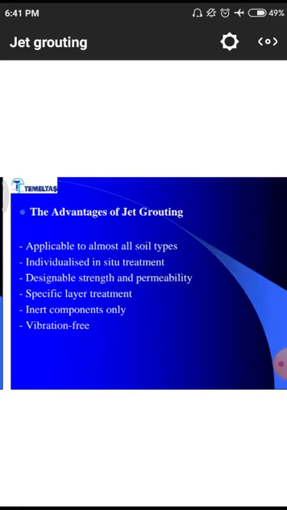And what is the advantage of utilizing jet grouting? First of all, there are a total of 6 advantages. It is applicable to almost all types of soils, whether black cotton soil, sandy soil, silty soil, clay soil or alluvial soil, whatever it may be. All soils are suitable for jet grouting, and it allows individualized in-situ treatments.